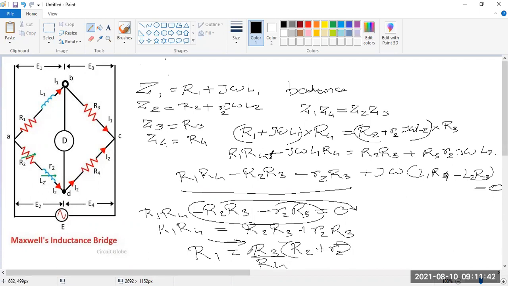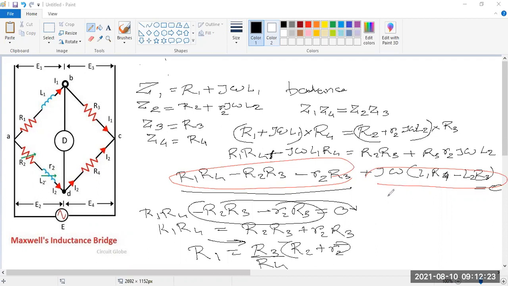Okay, this is our unknown resistance, but we need to calculate the unknown inductance also. If we separate the imaginary part and the real part, the real factor means resistance and the imaginary part is the inductance.